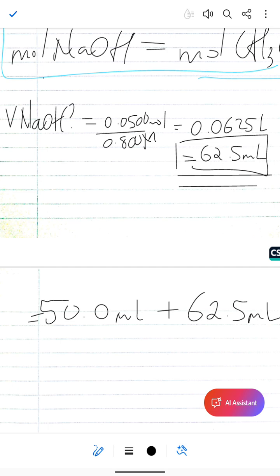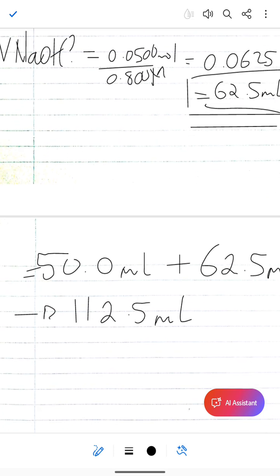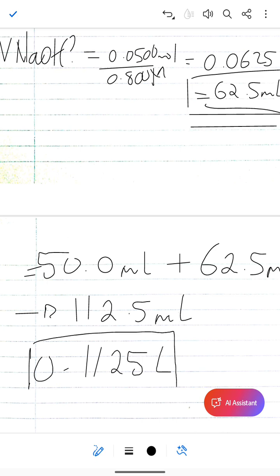Then if you press your calculator very well, this will give you 112.5 ml. Then back to liters, this will be 0.1125 liters.